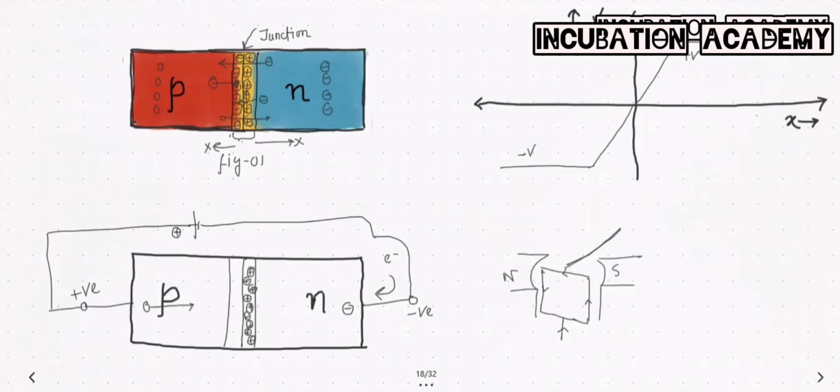Similarly, lots of negative charges are there on this side of the junction, and it basically stops further diffusion.